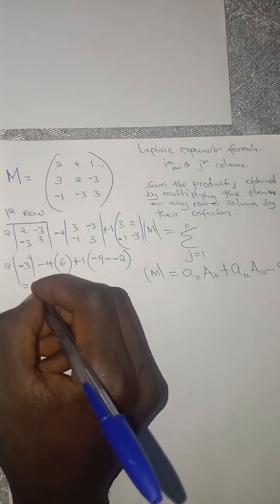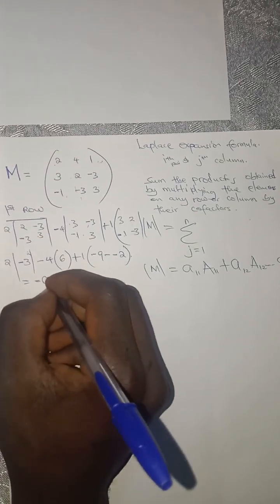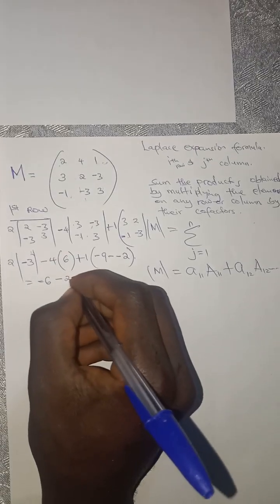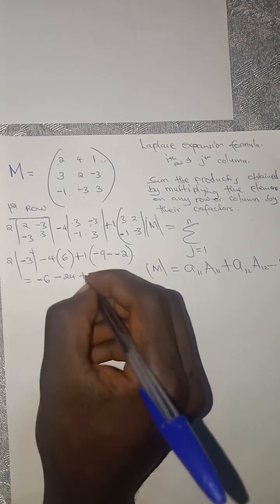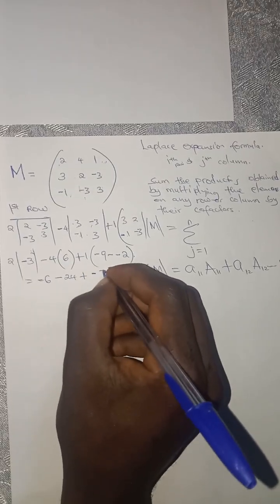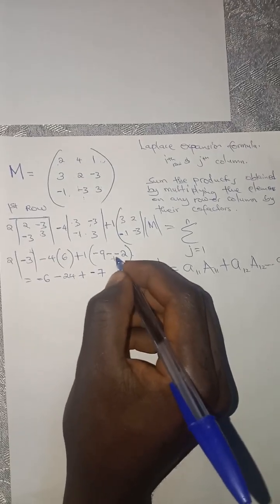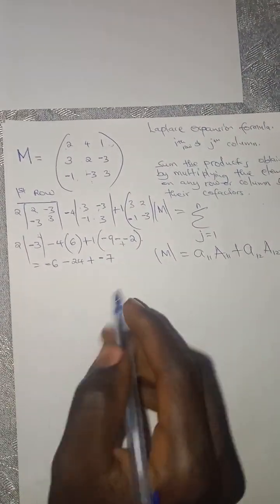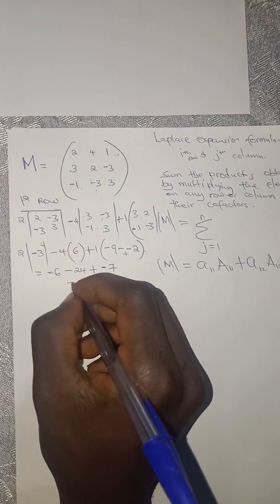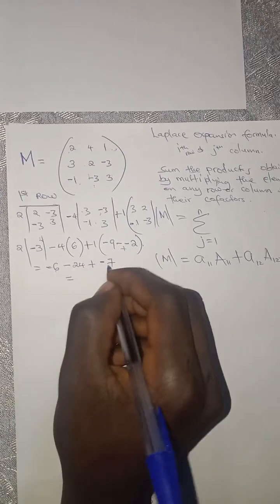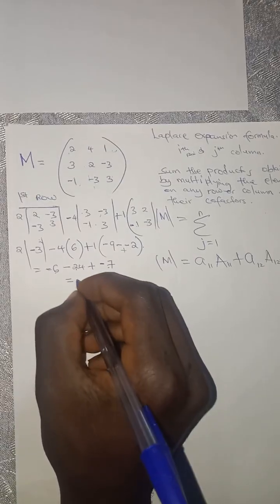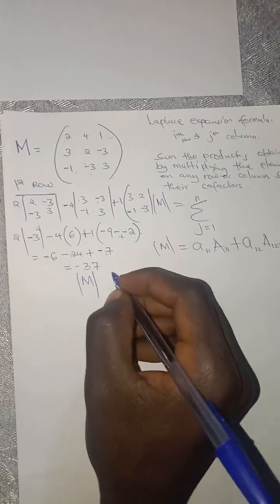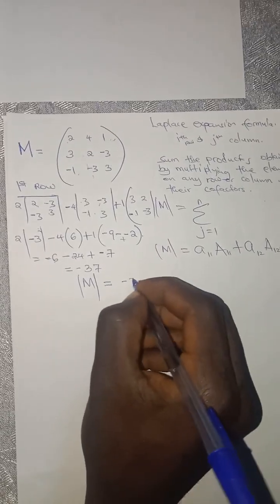So we'll be having 2 multiplied by -3 minus 24 plus -11, because this one will be a plus, minus, plus. So the determinant of M, denoted as |M|, equals negative 37.